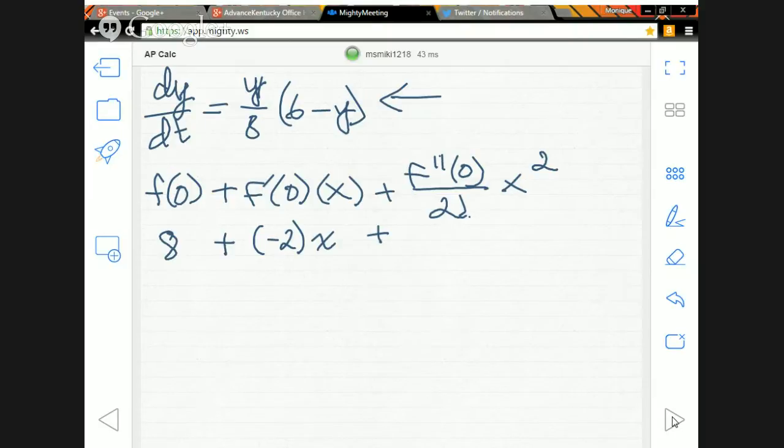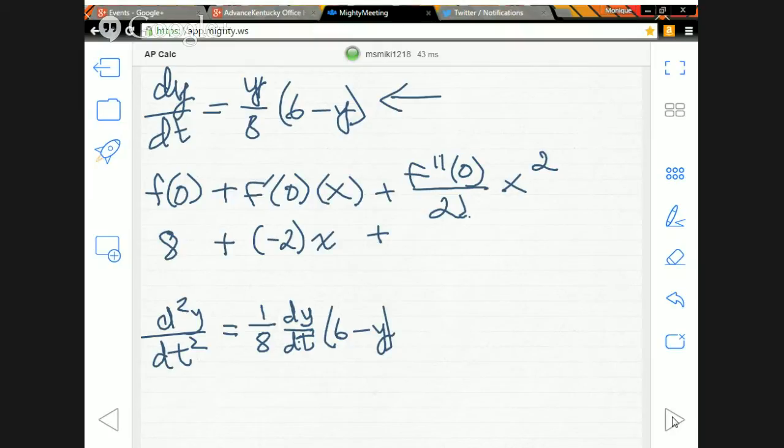So to find the second derivative, given that first derivative at the top of my page, I'm just going to go ahead and use the product rule. 1/8 dy dt times 6 minus y, taking the derivative of the first, plus y over 8 negative dy dt, taking the derivative of the second.